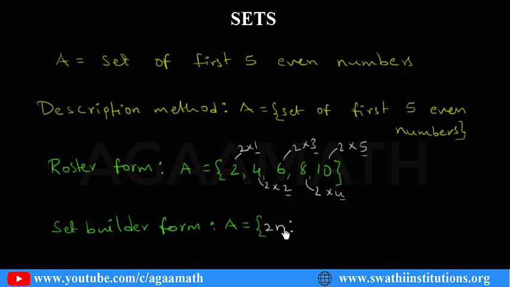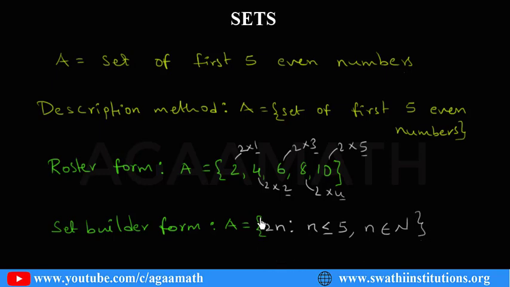In their place I used n instead. You can use any other variable also. So 2n, where n is what? 1, 2, 3, 4, 5. So n is what? n less than or equal to 5, comma, n belongs to natural numbers.